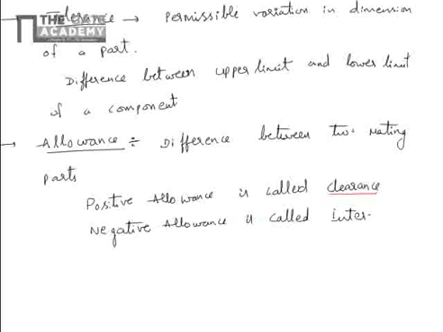It happens in an interference fit. Interference fit means you need external force to assemble. So this is allowance, positive allowance and negative allowance.